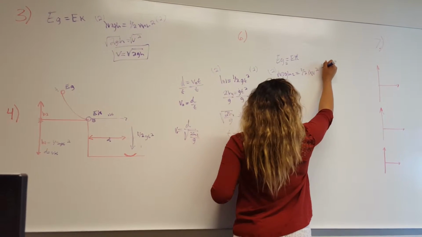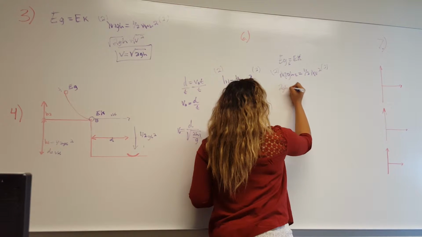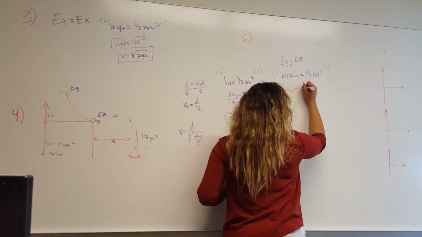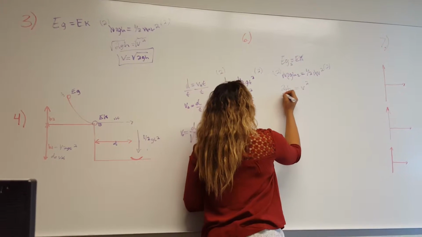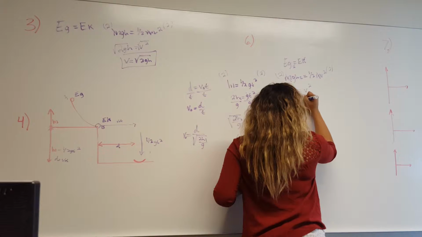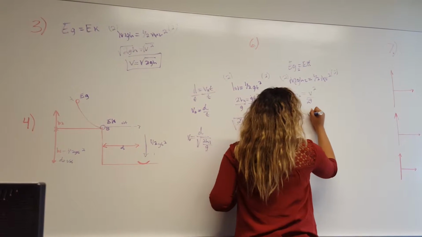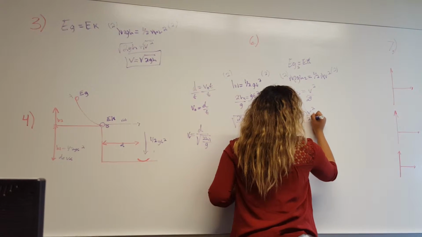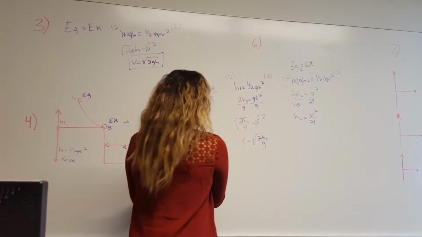You multiply 2 to both sides, so you get 2gh2 equals v squared. And since you're solving for H2, you're getting rid of the 2g. So you're left with H2 equals v squared over 2g.